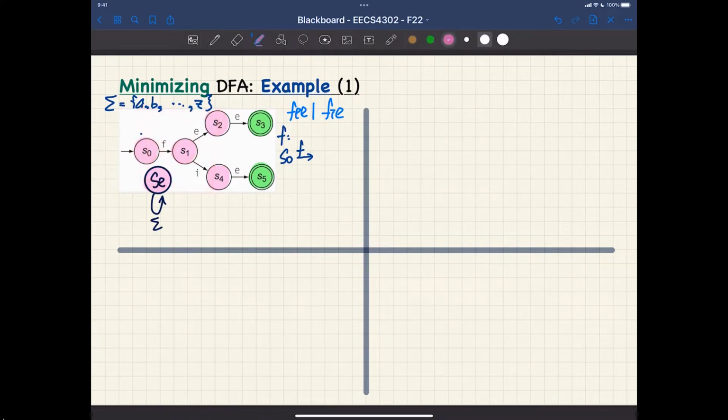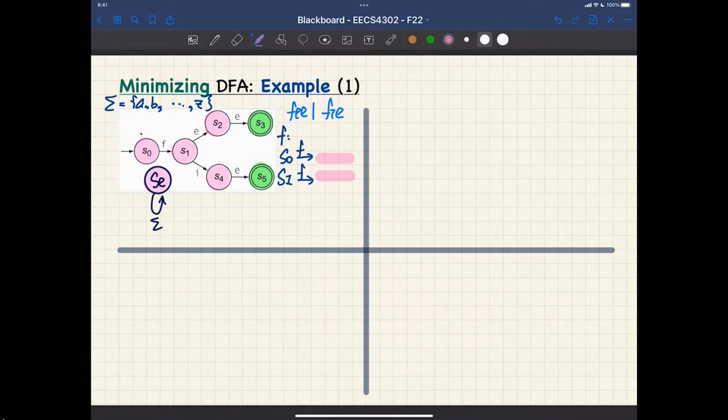Okay? And over here, if I try S1 and do F, is it going to the same partition? S1, if I go for F, where would I go? Error state, which is still in the same partition, right? Which would still be in the pink. Are we okay so far?